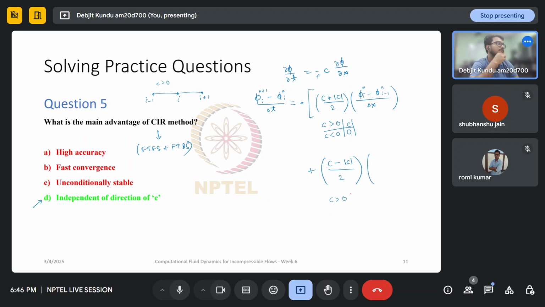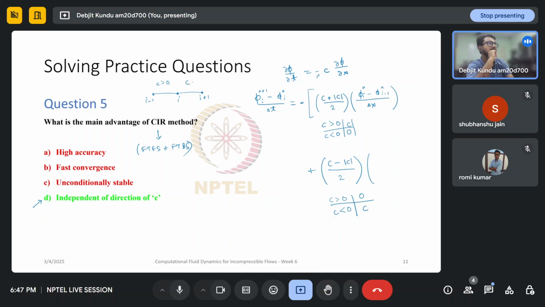So look at this second term now, C minus mod C by 2. So now if C is greater than 0, then this term will become 0, and if C is less than 0, then it will give you C. So this term will remain active only when C is less than 0.